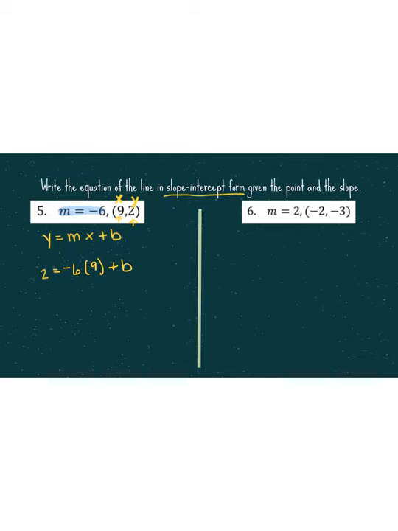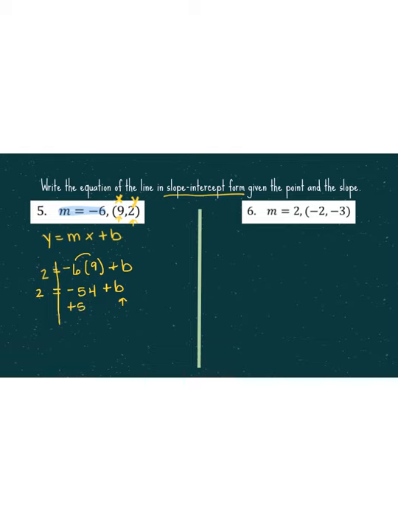What is our b? Okay, and now we're just going to solve this like we were solving last week. So we're kind of using PEMDAS. In order to do this, we have to distribute that negative 6 to the 9, or multiply negative 6 to 9. So negative 6 times 9 is going to give me a negative 54. So I'm going to put negative 54 plus b, and that's going to equal 2. Okay, I want to get this b all by itself. So in order to get that b all by itself, I have to do the opposite of minus 54.